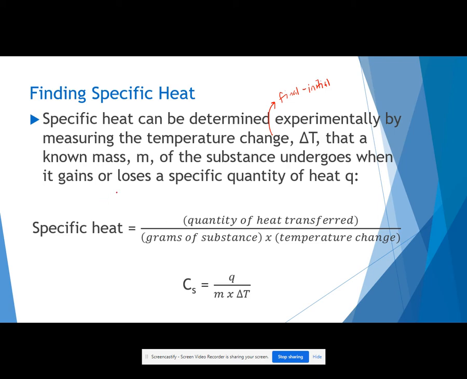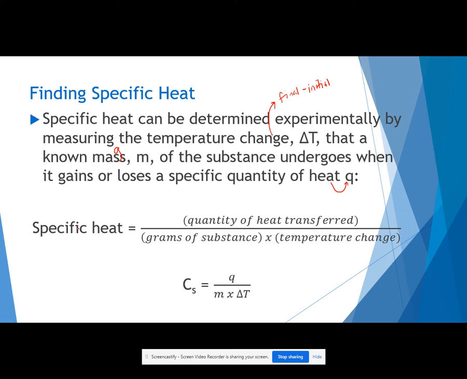And the mass. So mass right here, for our purposes, we're always going to do in grams. So we measure the temperature change, and we know the mass of a substance, and then we see how much energy is gained or lost in terms of heat. So heat is denoted by the letter Q.